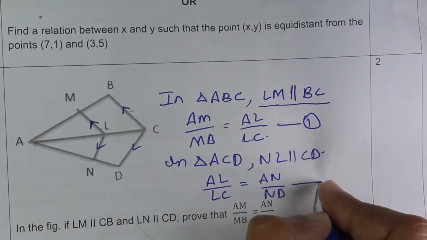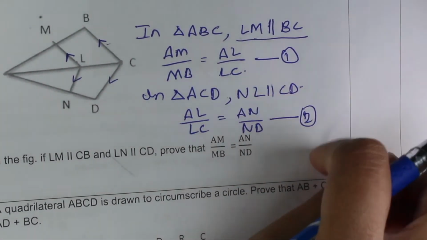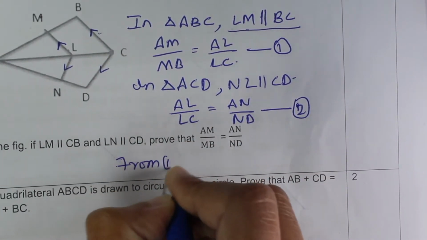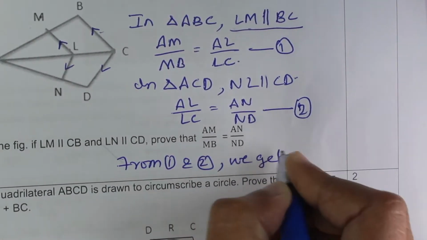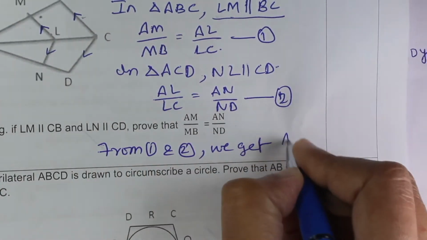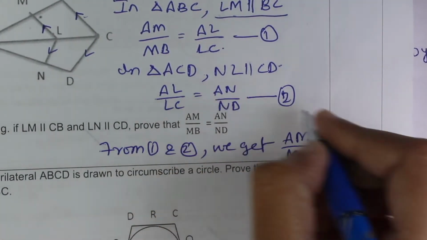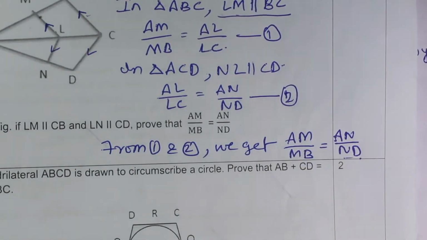This is equation 1, this is equation 2. From 1 and 2, we get AM by MB is equal to AN by ND. Hence it is proved.